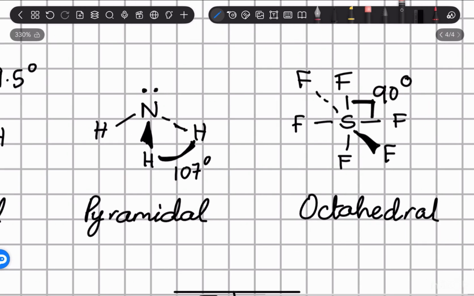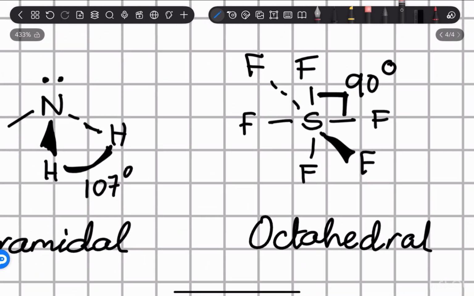Okay, now comes the octahedral shape. Octahedral, well, I would say it's octahedral because it has probably eight faces. But basically, it has a 90-degree angle between any two fluorine atoms.